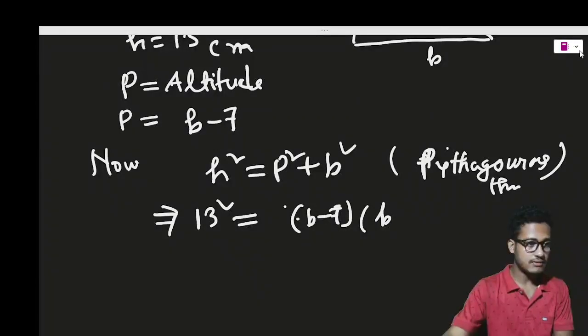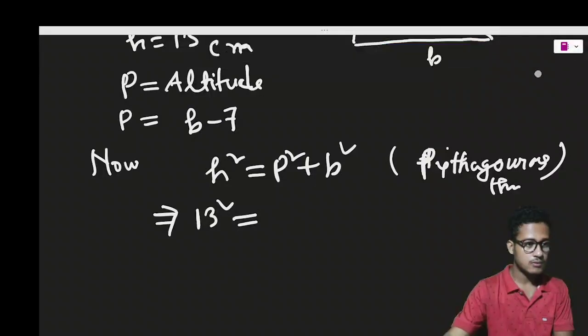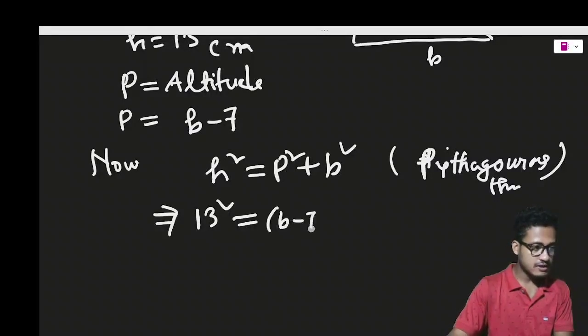What we have done: 13 square is equal to p square, p means (b minus 7) square, plus b square.